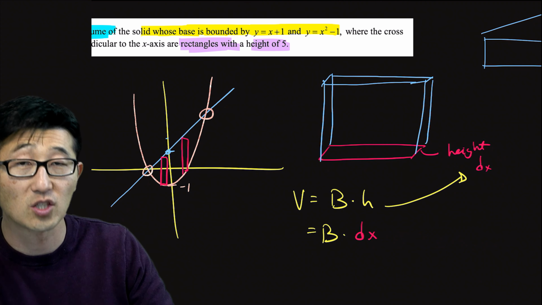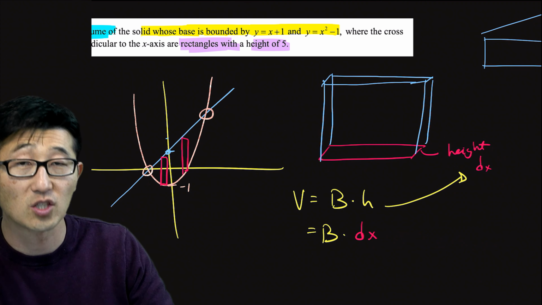To find the volume, all we need is the volume of the base. The volume of the base is right here. This is the face of the base. The height is always going to be 5 and it's going to be fixed. But the real question is, how do you designate this length right over here? The area of the base is going to be length times width, or height times base, or whatever.